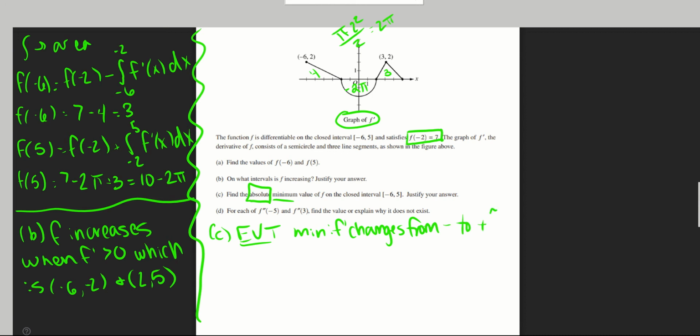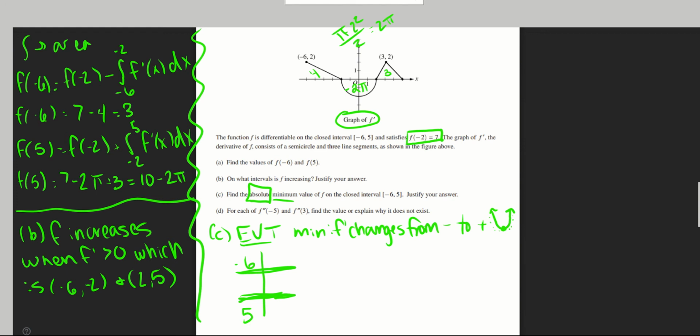Because if you think about what a parabola looks like, the derivative is negative here and then positive here, and that is a minimum. So with EVT, that is absolute minimums and absolute maximums. EVT says we need to include the endpoints. So the endpoints are -6 and 5.